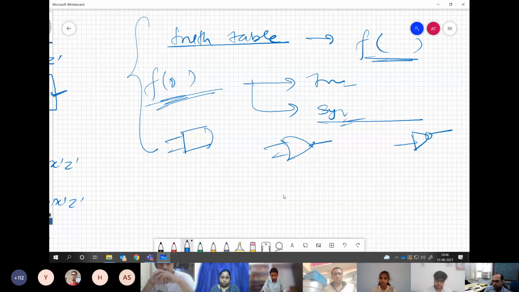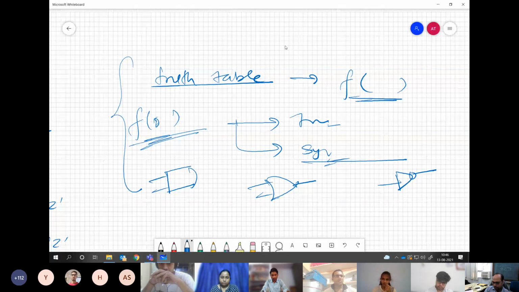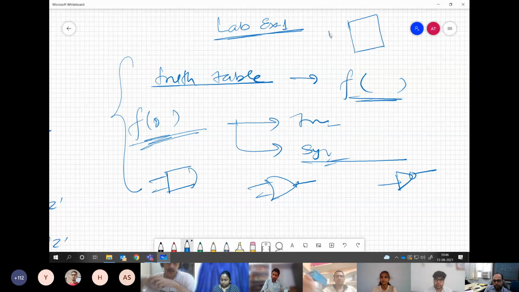Fine. And this is basically your lab exercise 1, which you will be doing on Wednesday, right? There you will be given some simple things to verify first, let us say verify the truth table for AND or NOT.